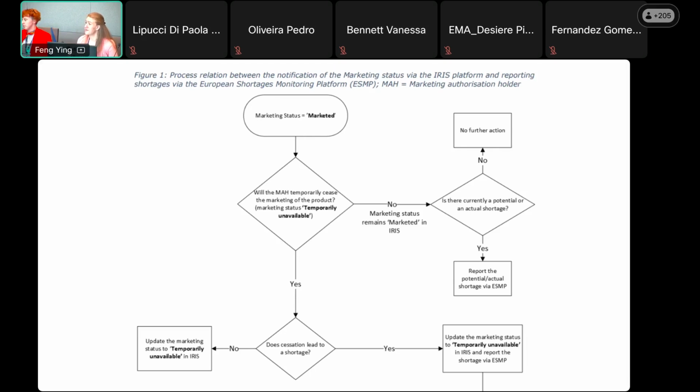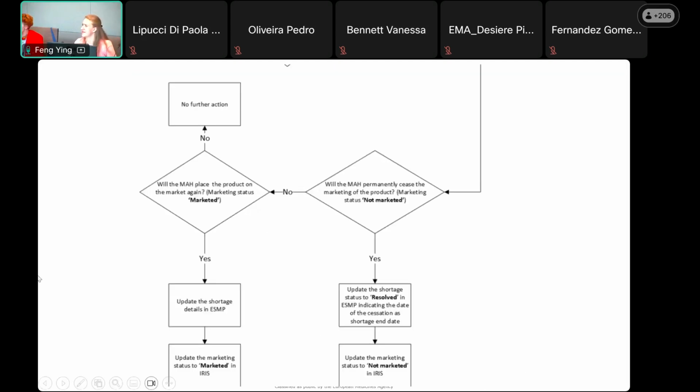If the temporary cessation actually leads to a shortage, then we follow to the right side, the yes, and there you have to update the marketing status to temporarily unavailable and also report the shortage in ESMP at the same time. Can we scroll down a bit, please? Okay, thank you so much.